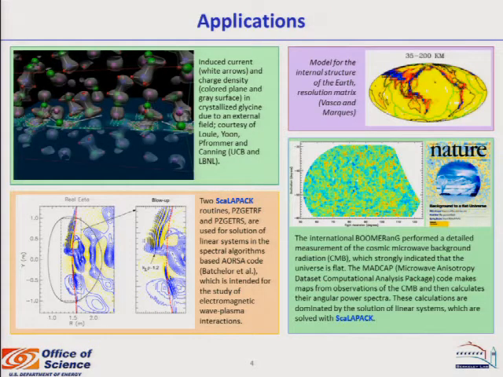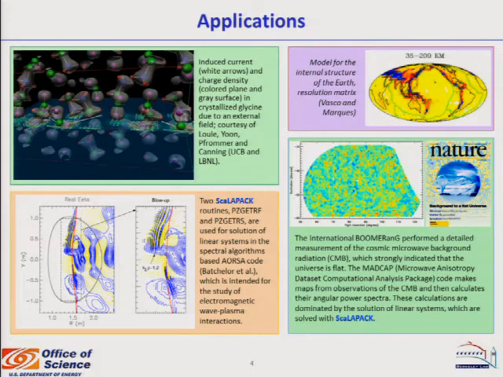So some applications that have employed functionalities available in ScaLAPACK. The one in the top left there is an application in physics. It's basically an application in materials science where people are interested in computing energy levels.